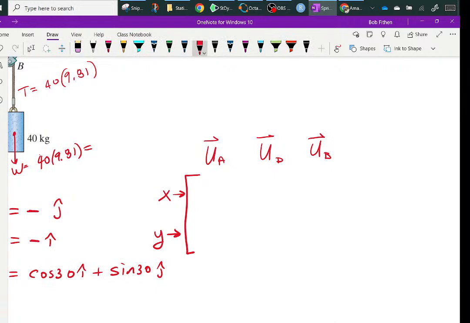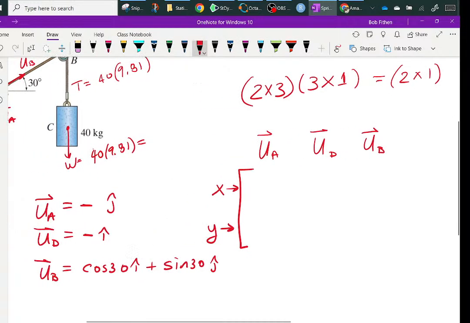Now, remember, what I've got is 2 rows by 3 columns. I've got to multiply that times a 3 by something to get out a 2 by 1, and that something is going to be 1.